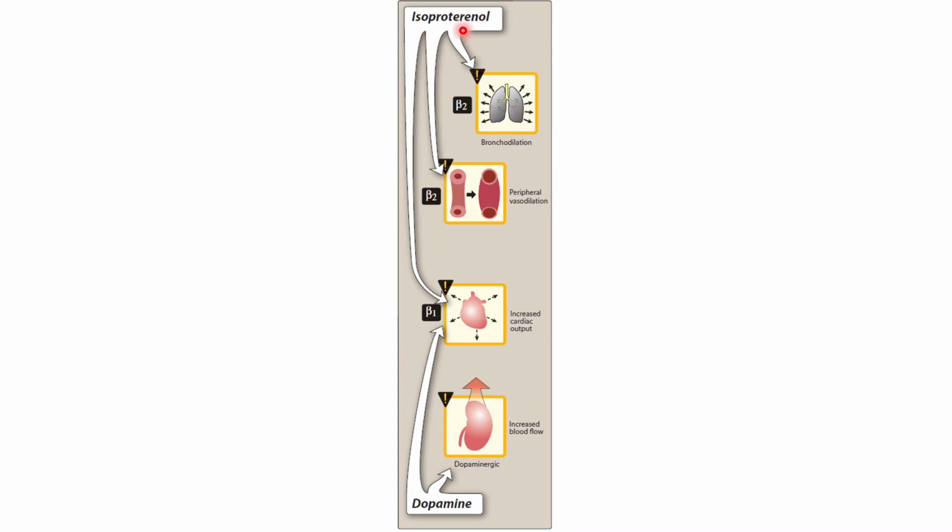And isoproterenol is the first selective beta-adrenergic, and can be used for the relaxation of the bronchiole in the asthmatic patients, then in the dilation of the peripheral blood vessels. It also can increase the heart rate and contractility of the heart.